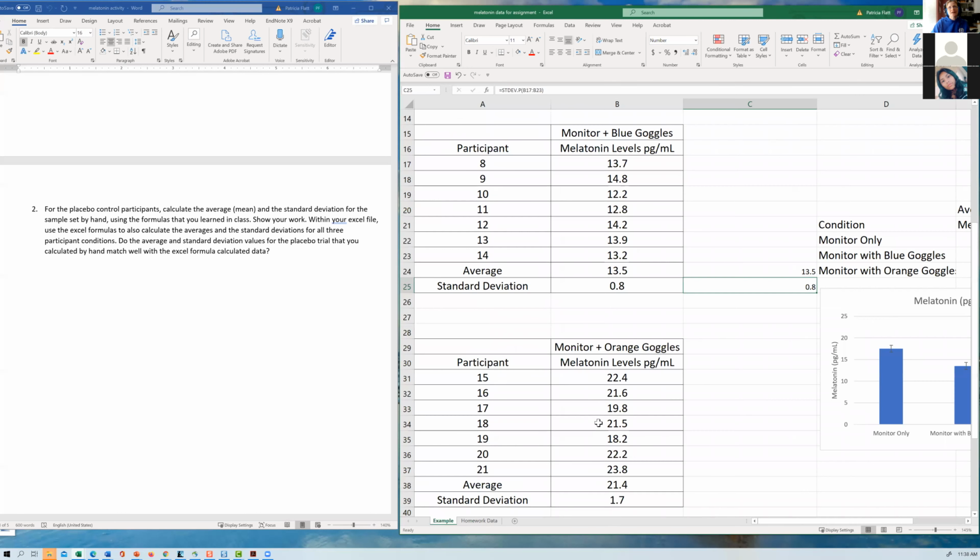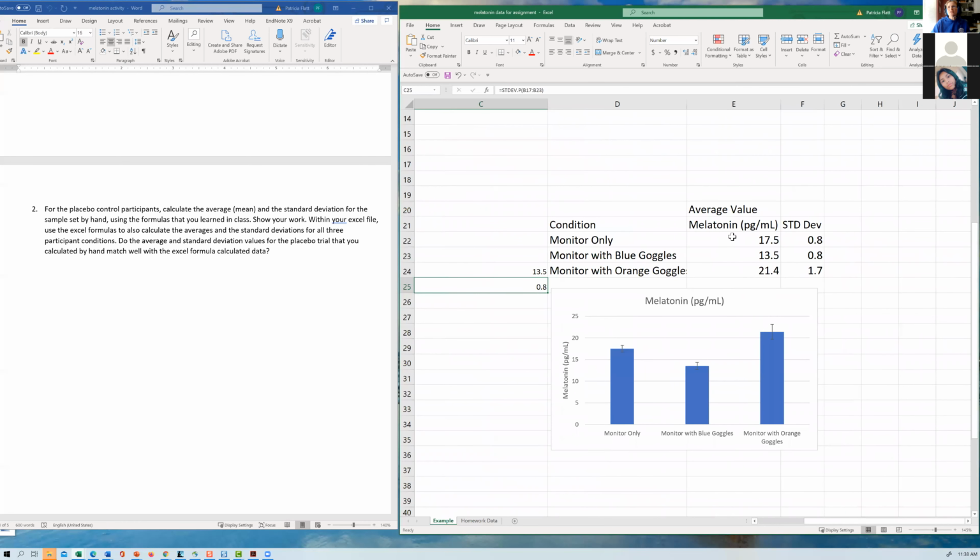And then you'll need to also develop a third table where you list your averages and your standard deviation out. When you list it in this format, so that you've got these columns with your averages and standard deviations, it becomes really easy to make a graph, right?